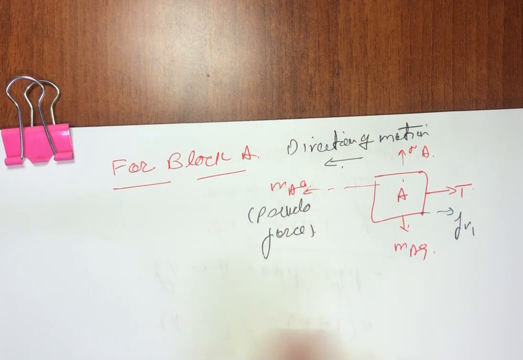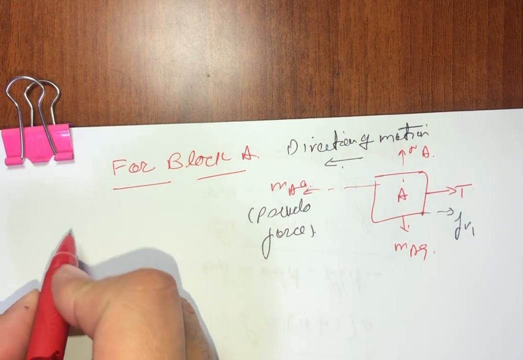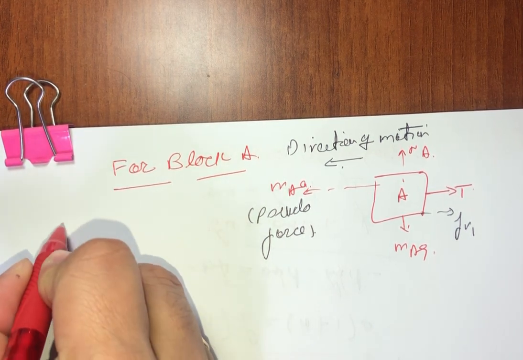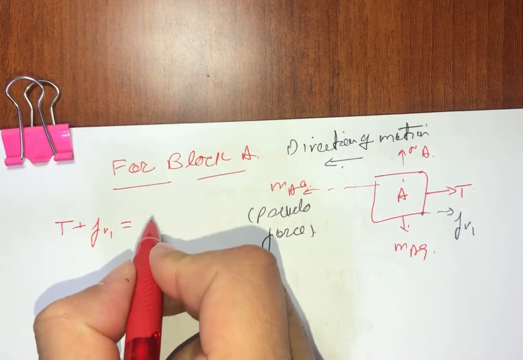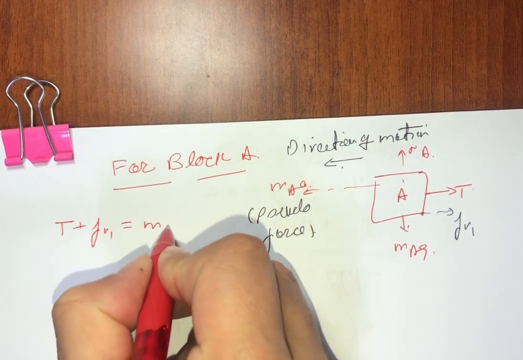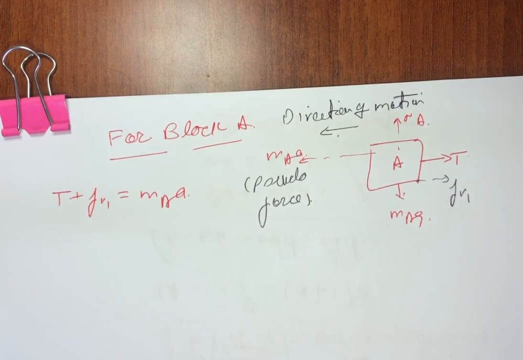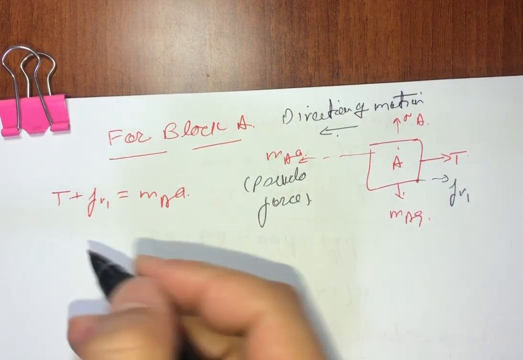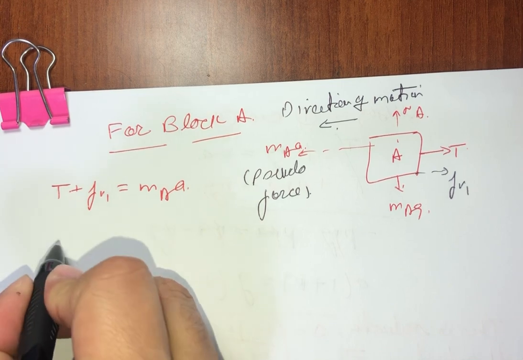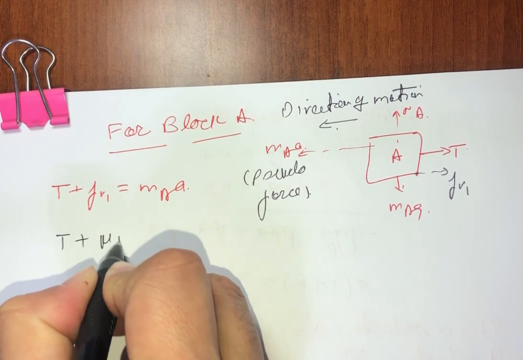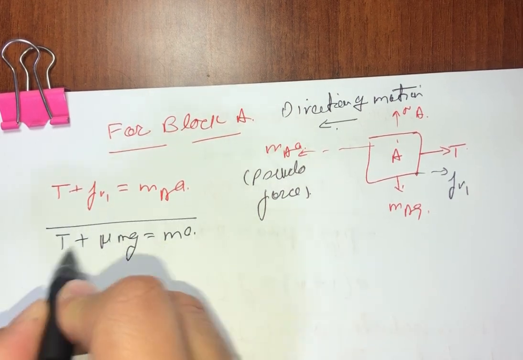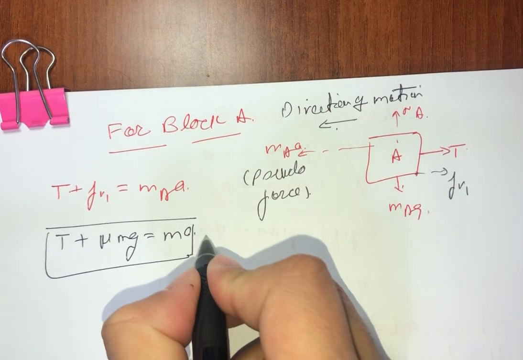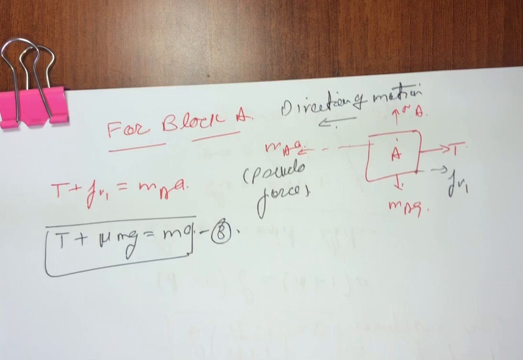So now we can write the equation as T plus Fr1 is equal to MAA, and the Fr1 we already know, so we write here T plus mu mg is equal to MA. Let this be equation number 3.